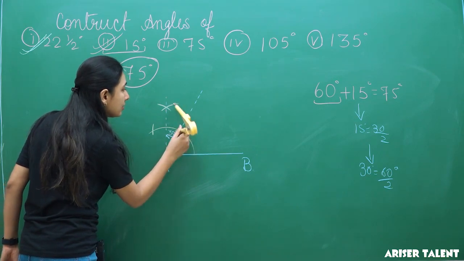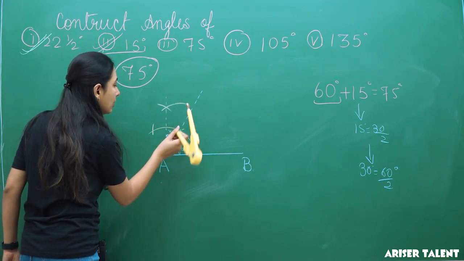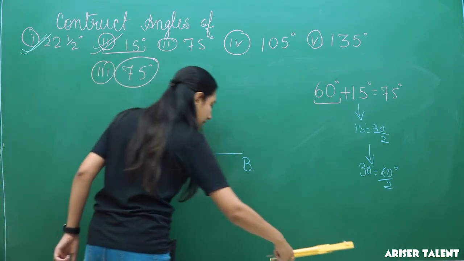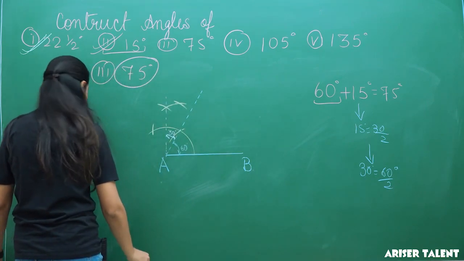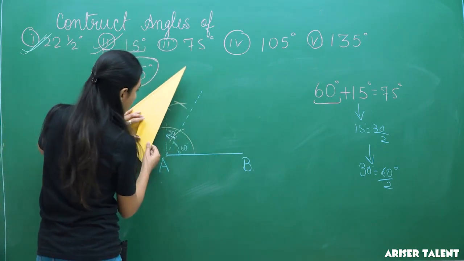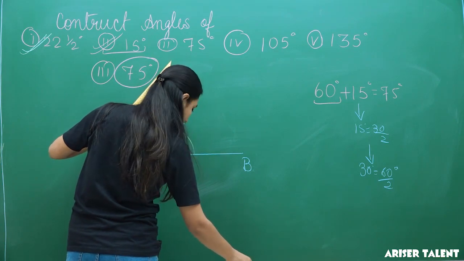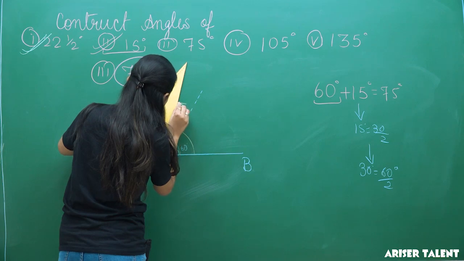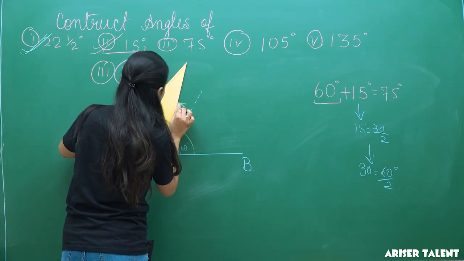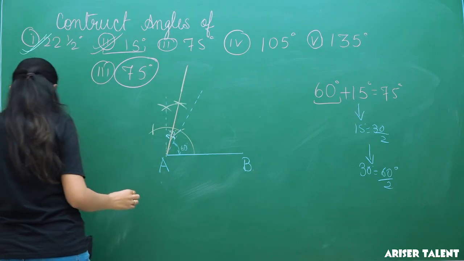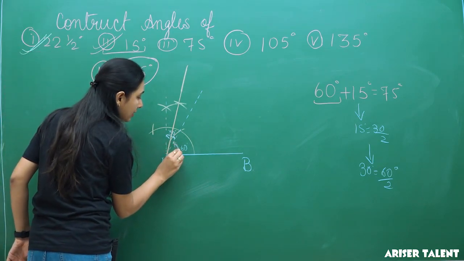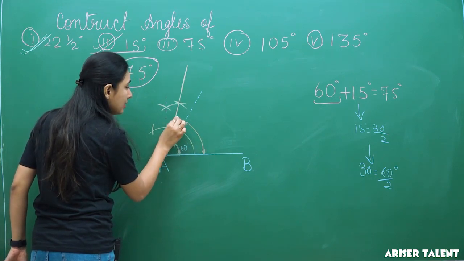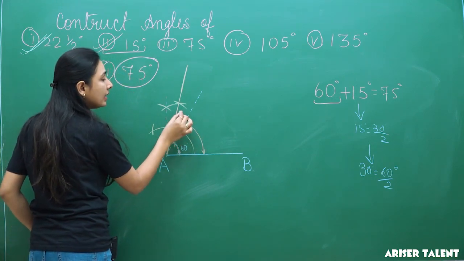First point is this, and the second point is here. So now I am getting the intersection here. So this intersection, I am going to meet it with A. Now students listen, this is 60 degree, okay, and after that this is half of 30 degree, half of 30 degree is 15 degree.